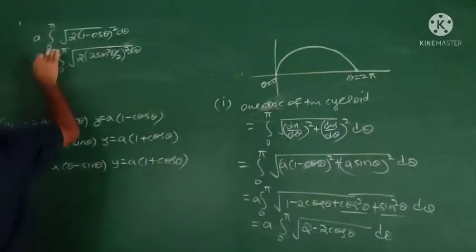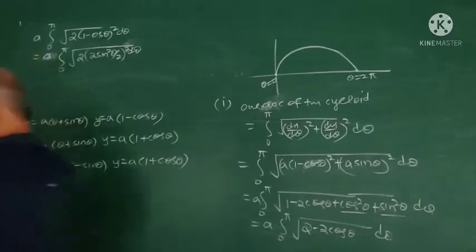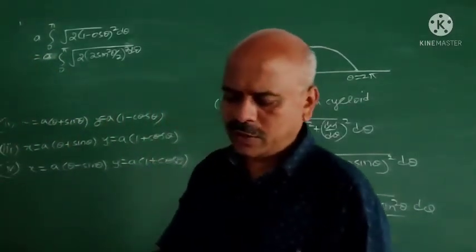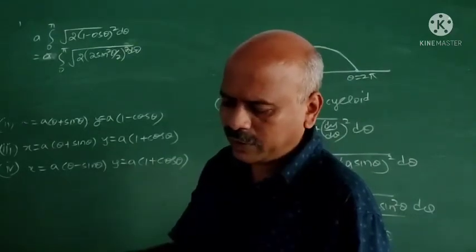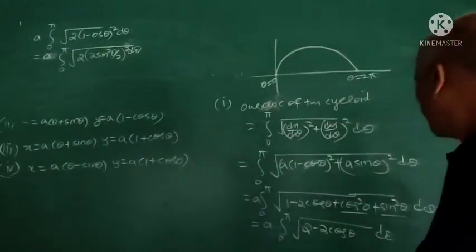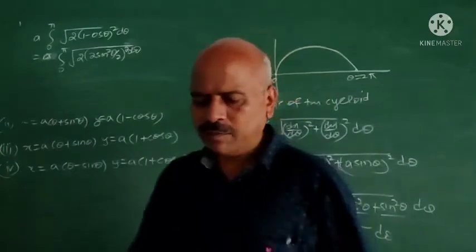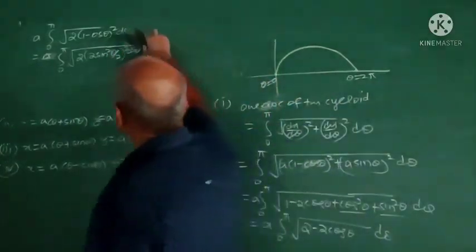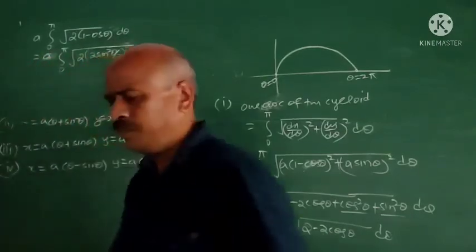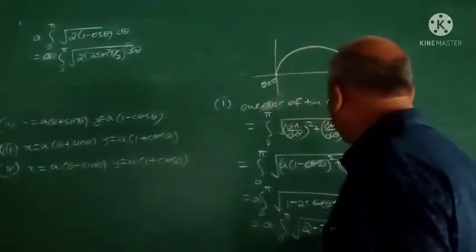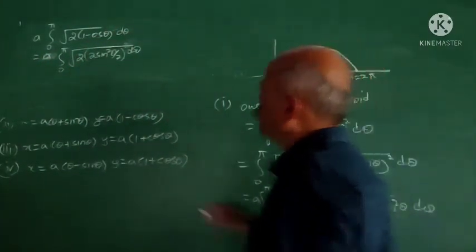It is equal to A into 2 into 2 sin square theta by 2. Is the whole square there? No, the whole square is not there, sorry. Because it is 2 into 2 minus 2 cos theta.